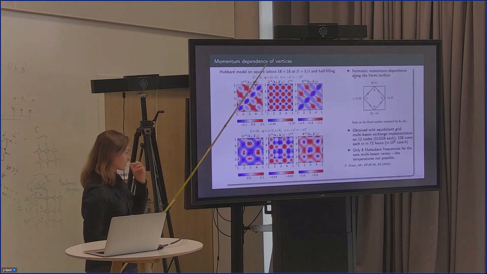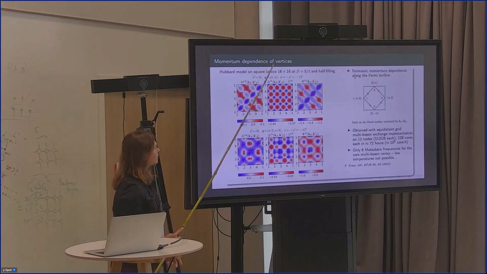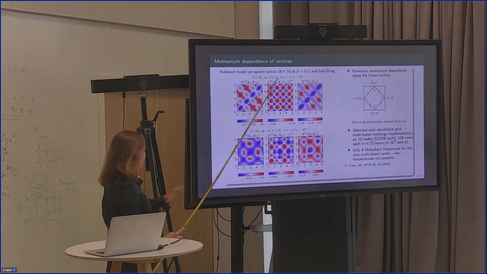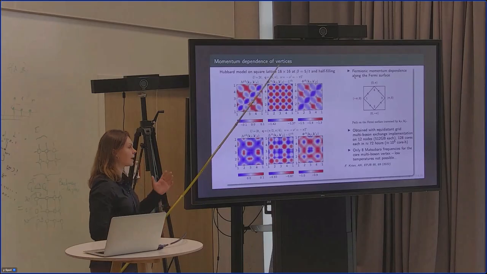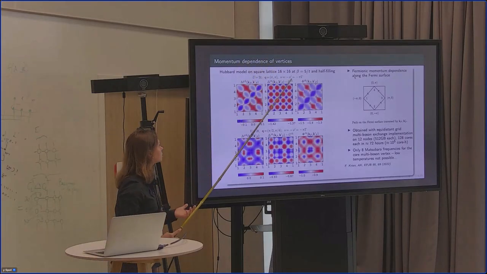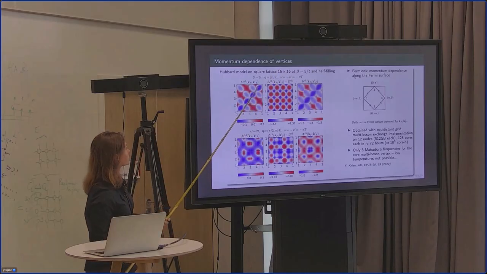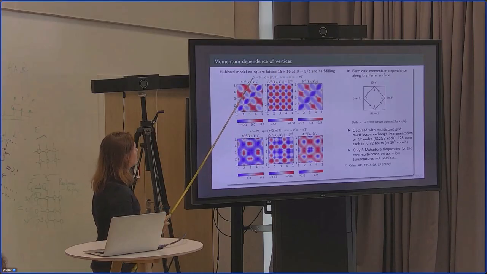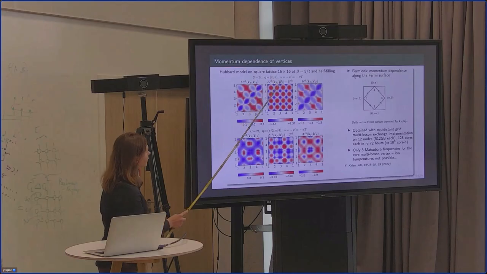And this model is relatively hard to tackle with these parquet equations. It's hard to tackle in general, but maybe parquet equation is not the best way to solve it. However, it can bring us maybe some additional information that we don't have in other methods. Now, this is weak coupling, relatively high temperature for this particular model.